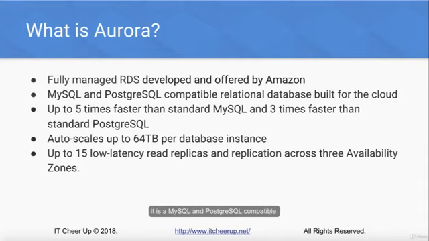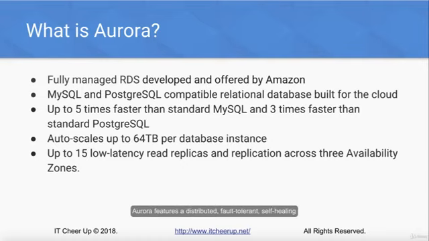It is a MySQL and PostgreSQL compatible relational database built for the cloud. Amazon claims that Aurora is up to 5 times faster than a standard MySQL database and 3 times faster than a standard PostgreSQL database. It provides the security, availability, and reliability of commercial-grade databases at 1/10 the cost.